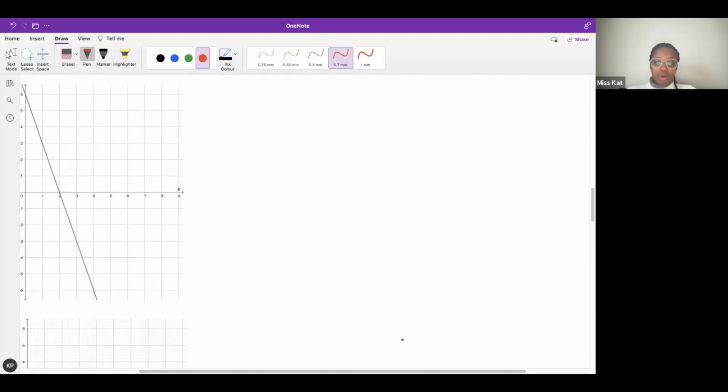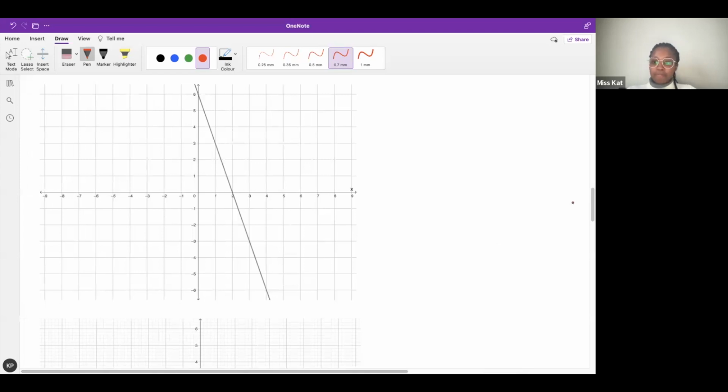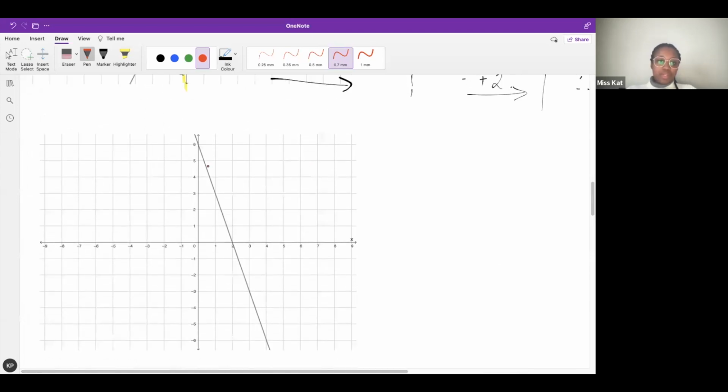Okay, we have one more graph we can do here before we move on. First things first, coordinates. Let's find some coordinates. Send some coordinates in the chat for me. Send me some coordinates. 0 and 7. 7 is not on the graph. 3 and -3.